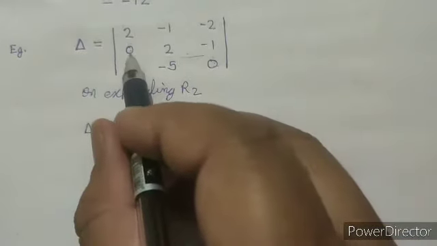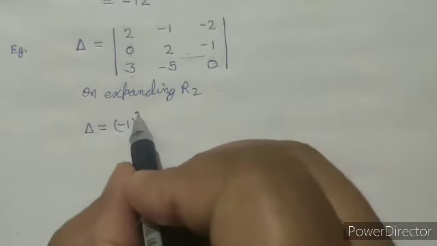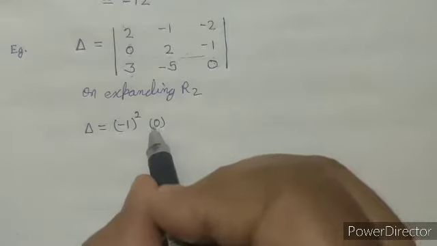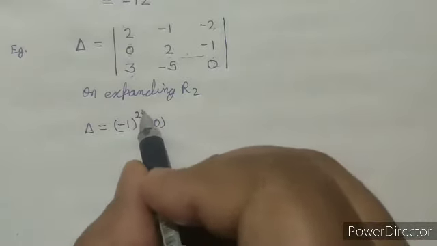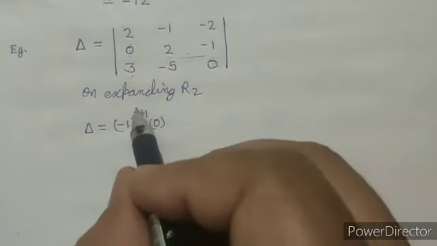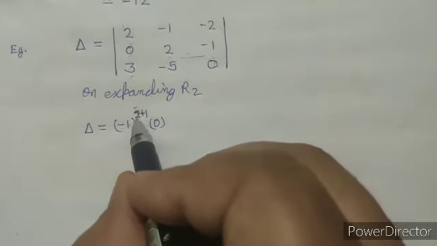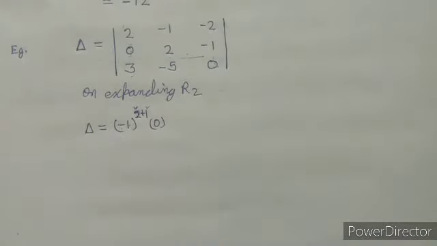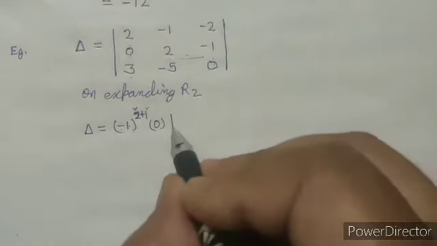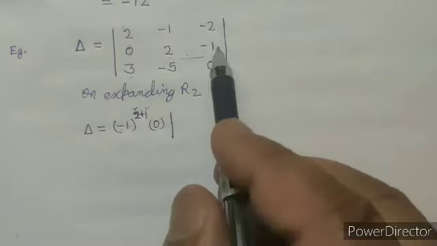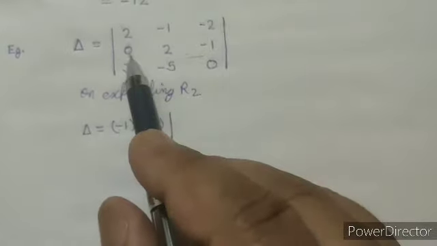Now the first element of row 2 was 0, and that was the row 2 first element. So -1 will be raised to power 2 plus 1. The first number is the number of the row and the second number is the number of the column of that element, into the determinant of, now we'll eliminate the row and column of the element which we are taking.